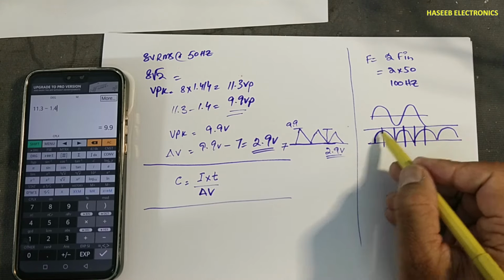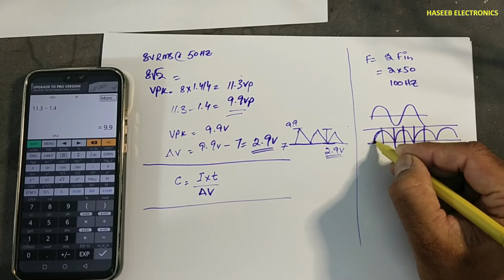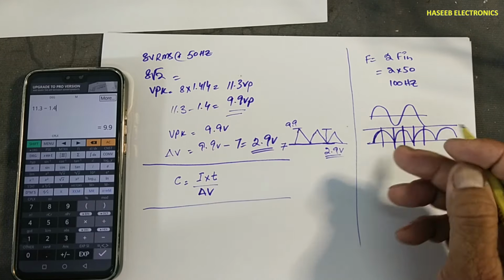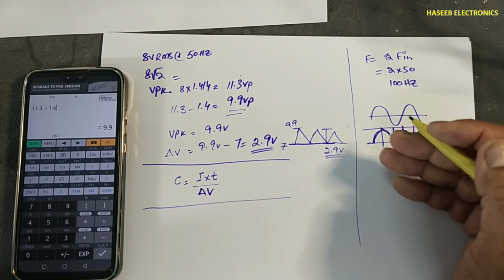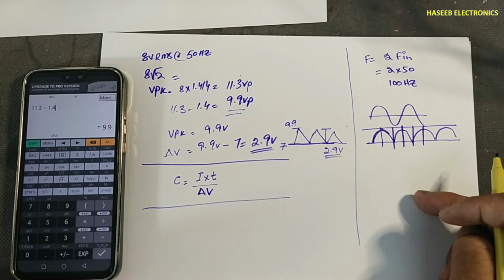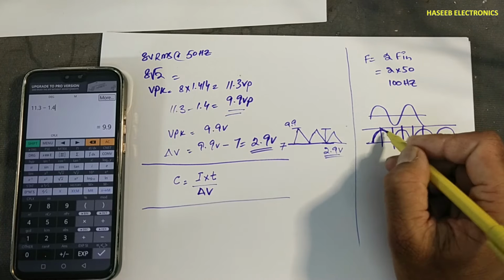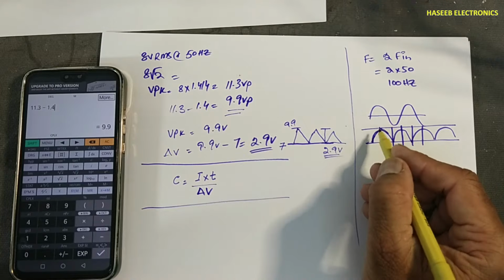In each cycle, in the rising time, it will charge. When the voltage starts to decrease, because the transformer's output is decreasing, at that time it will provide load current.